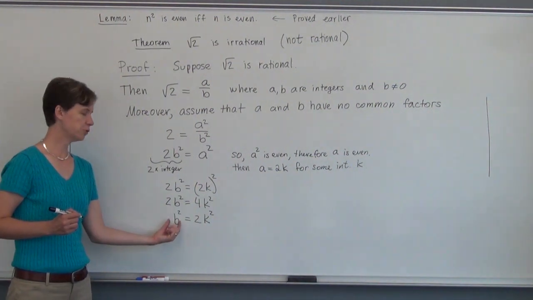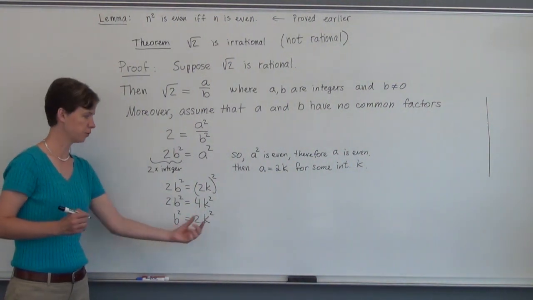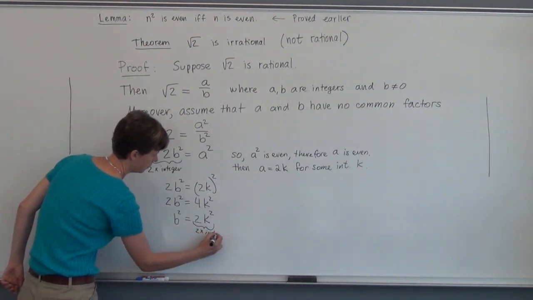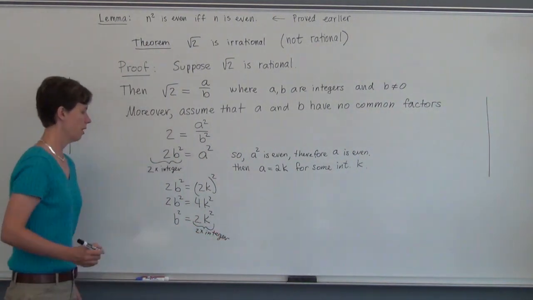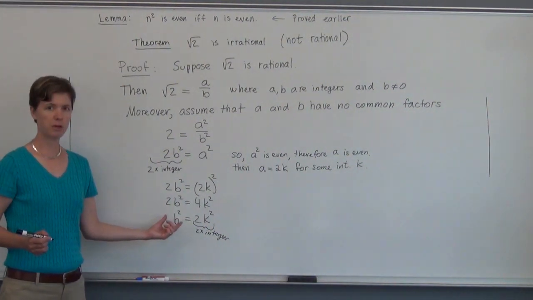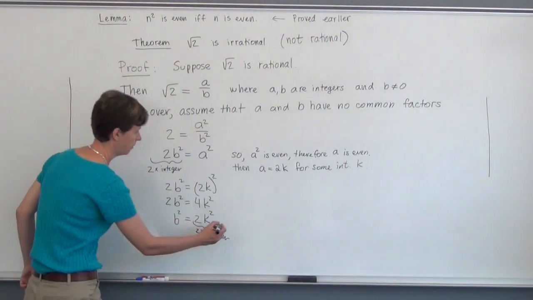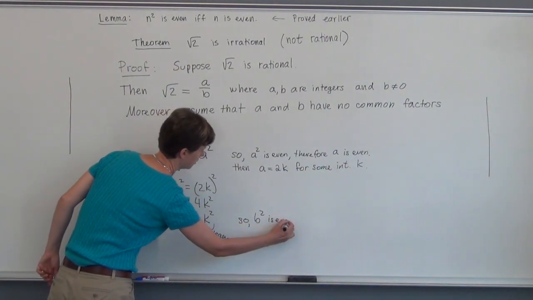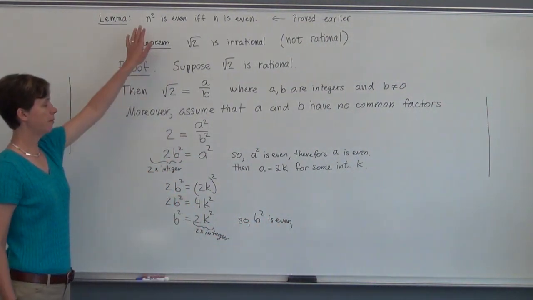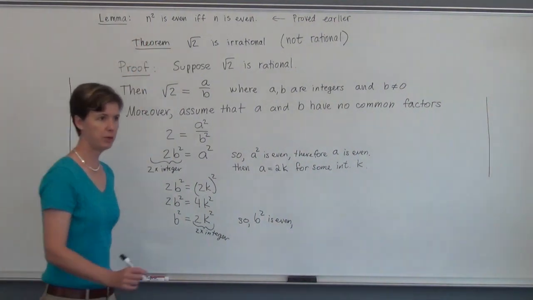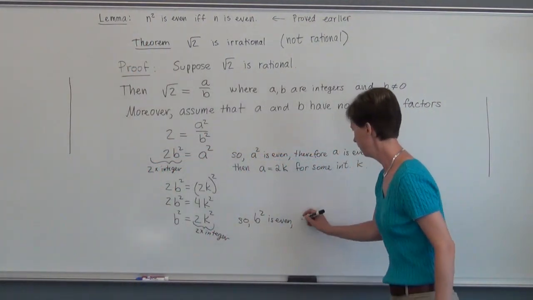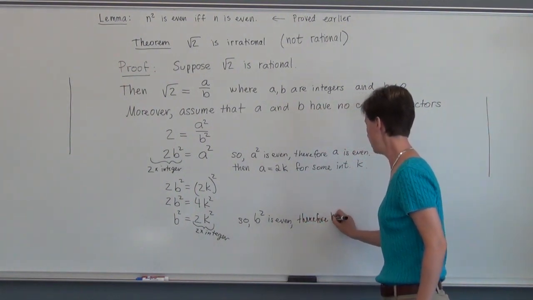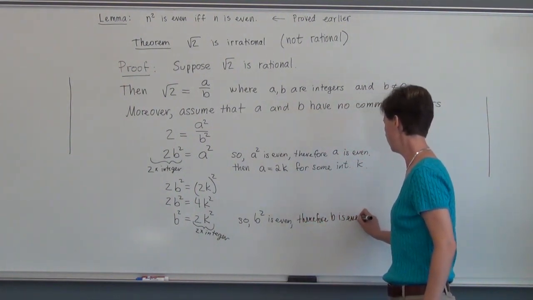We have b squared is equal to twice an integer. This tells us that b squared is an even number. So b squared is even. And by the lemma, we conclude that b is also even. Therefore, b is even.